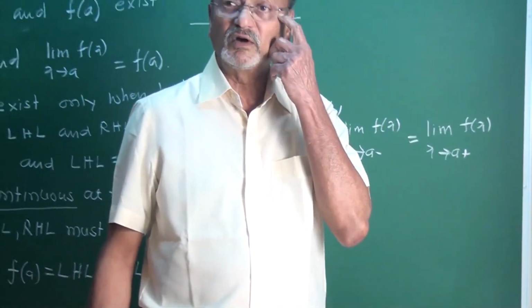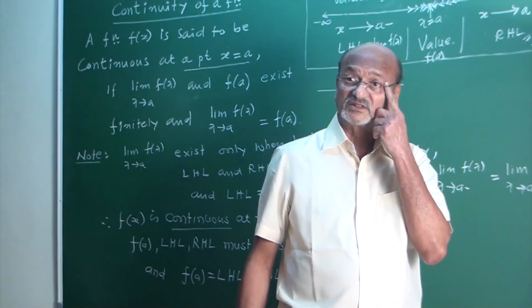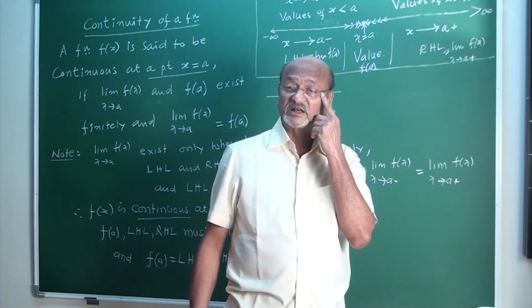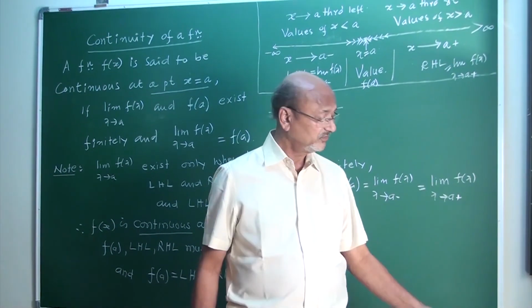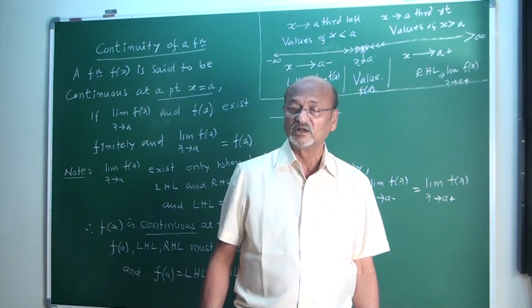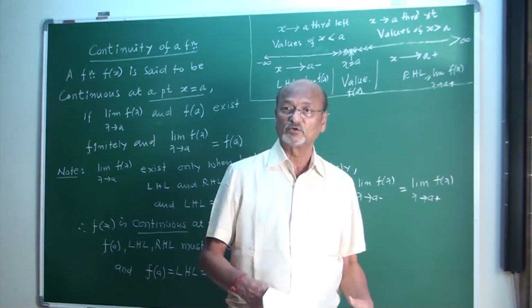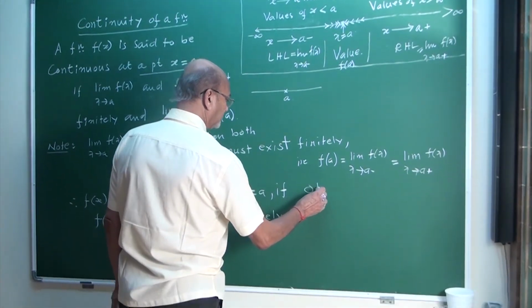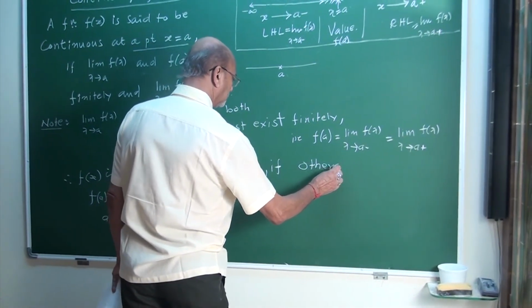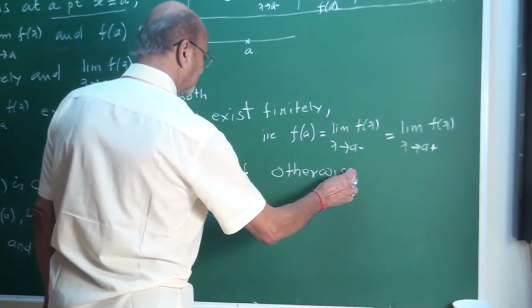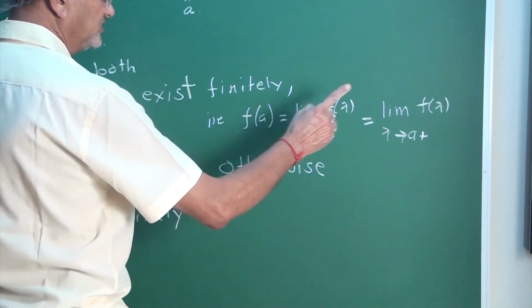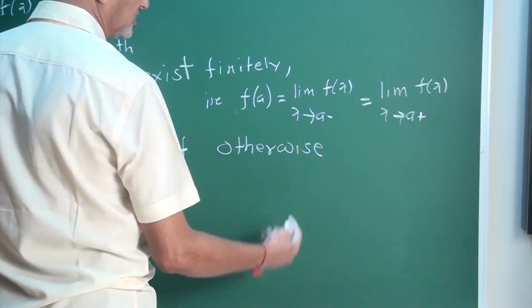Otherwise, if any one among the three doesn't exist, or both LHL and RHL exist but they are not equal, or even any one among them is not equal, in that case the function is said to be discontinuous. Otherwise means any one fails, doesn't exist, or all the three exist but any two are not equal.